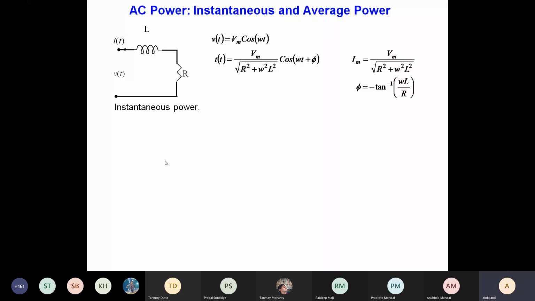If we plot the expressions in a graph, we can see their nature. Both are sinusoidal, but due to phi there will be a phase shift between voltage and current, and also a difference in magnitude.